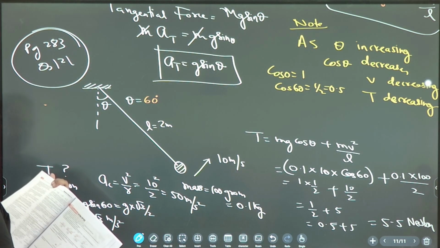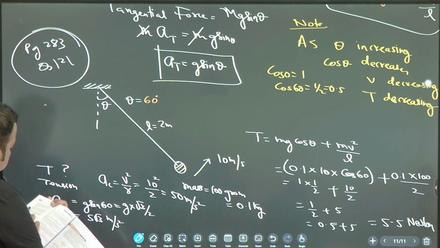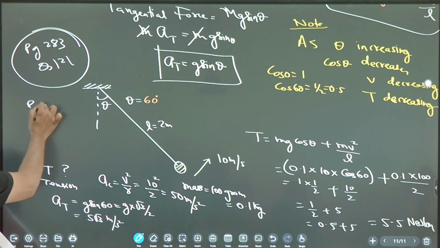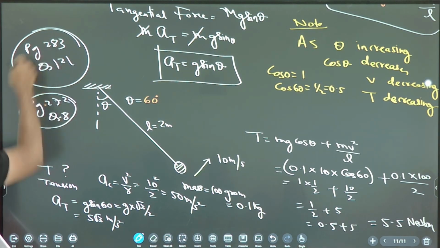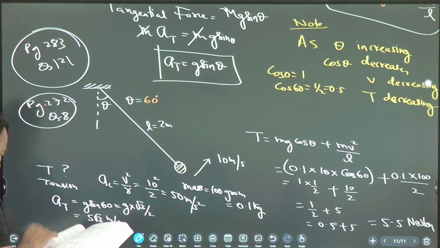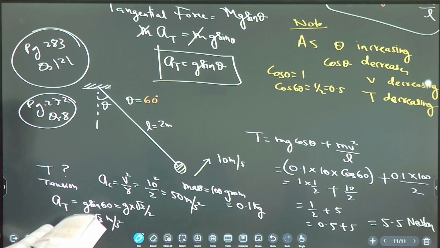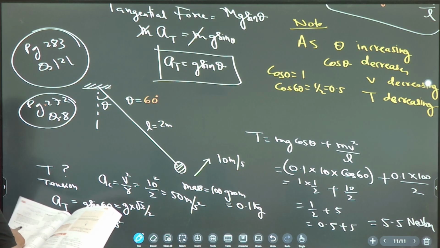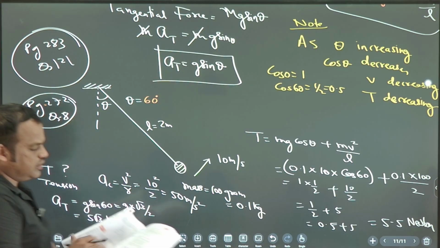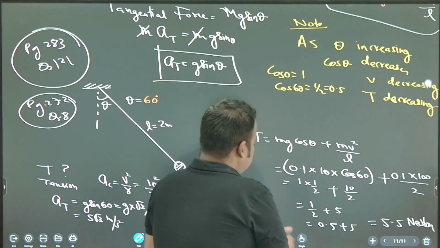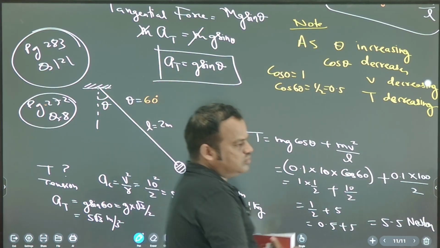Page 272, question 8. Simple pendulum is this only. Okay, done. We'll continue. Take a break. You can solve questions and doubts. Okay, clear?